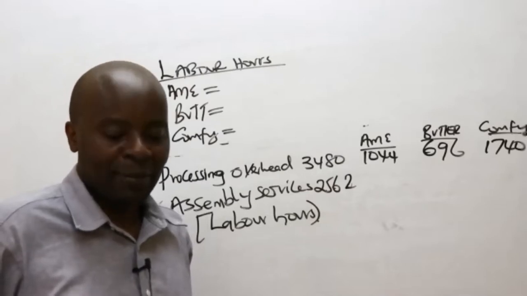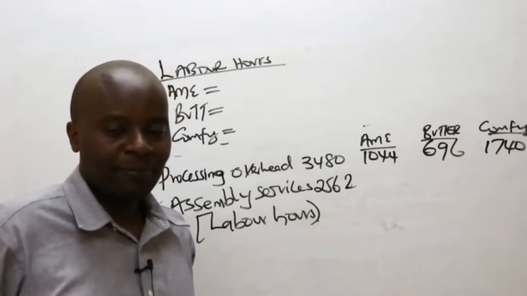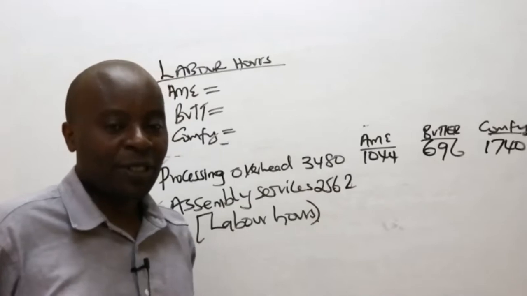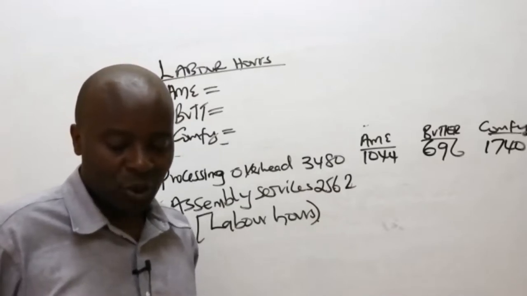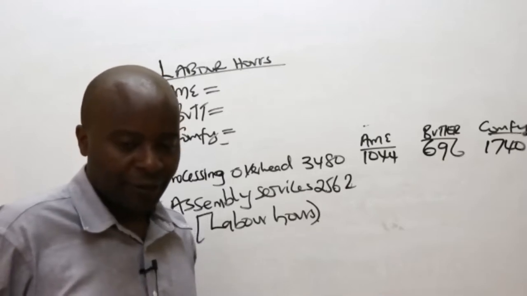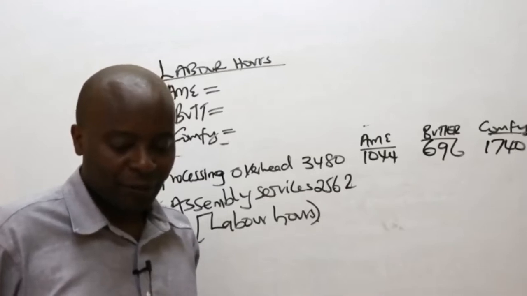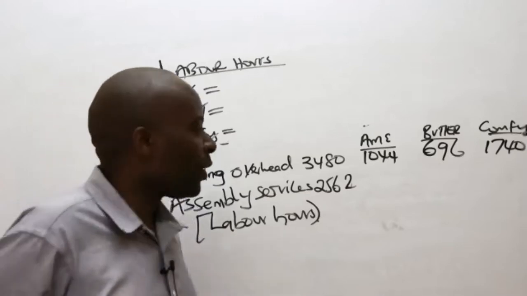From your past paper, is it 2562 or 2560? What did I say? 2562. No problem. I'm being told 2562. So thank you very much, ladies and gentlemen.